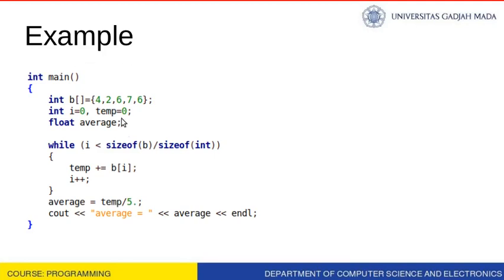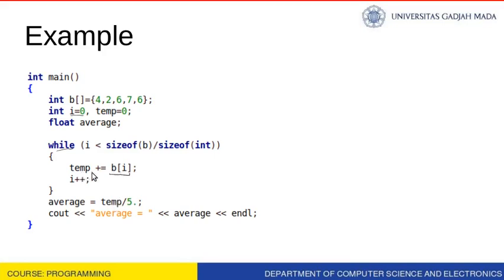And then another example: if you want to access an array by using while, it is also possible. Here I have to define the counter of the loop, and the counter of the loop is i, starting from 0. And then if it is less than 5, then it will do this array access.